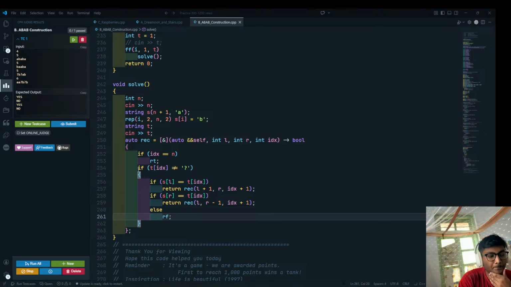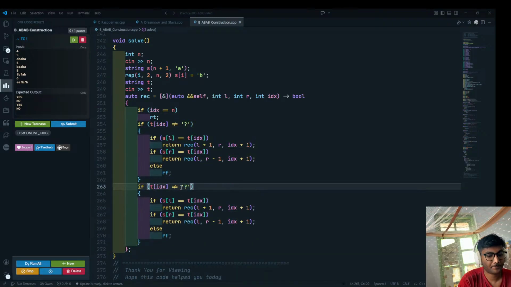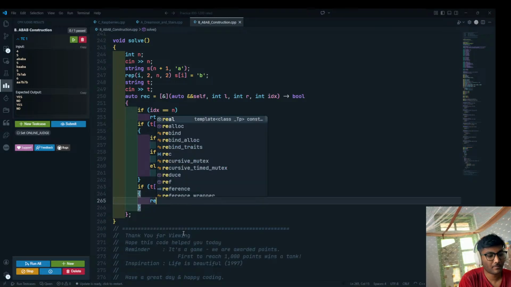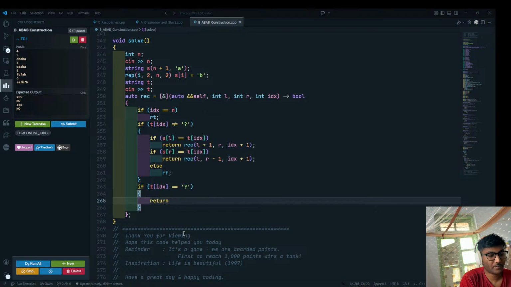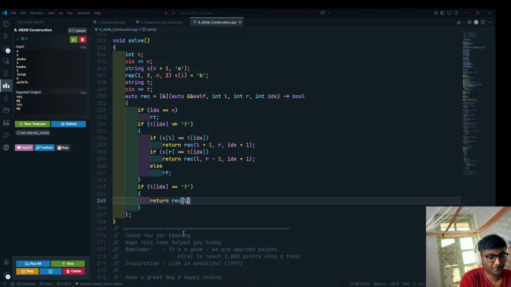If it is not equal to question mark, but if it is equal to question mark, then we want to check. So basically, we want to return this rec of L plus 1, R or L, R minus 1. Of course, index plus 1.